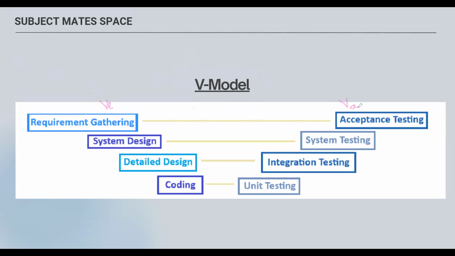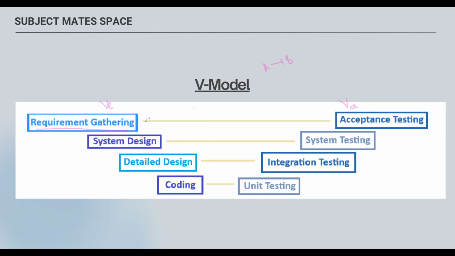Now, what exactly happens in this case? A will come to B with the requirement gathering. He will say that you need to build the application. B will accept. And once the requirement is gathered, we will start verification and validation itself. We're not waiting for verification to complete first and then validation. Here we are implementing both verification and validation at the same pace.